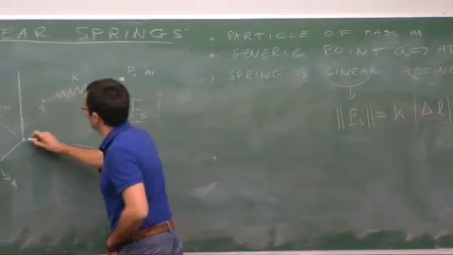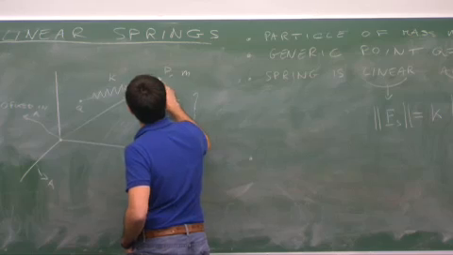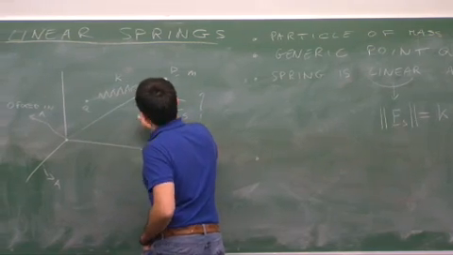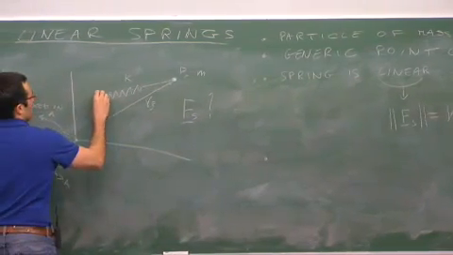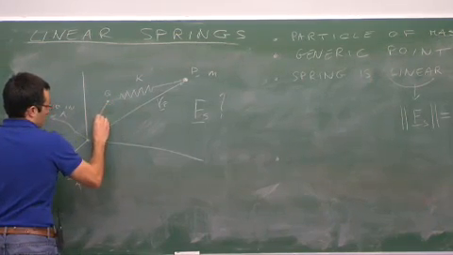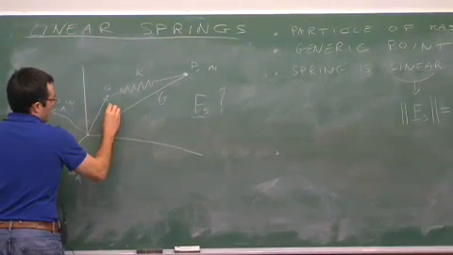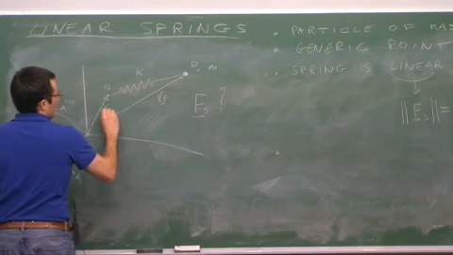Of course, these points have a very well-defined position in the coordinate system attached to reference frame A. So this is RQ.